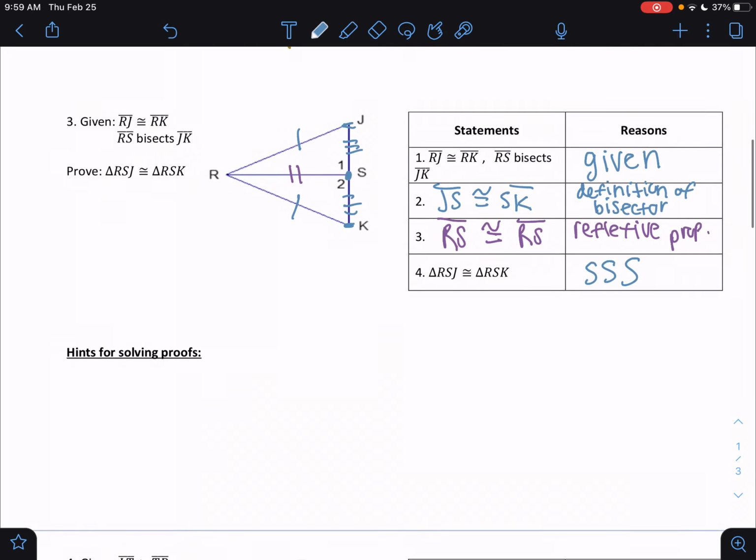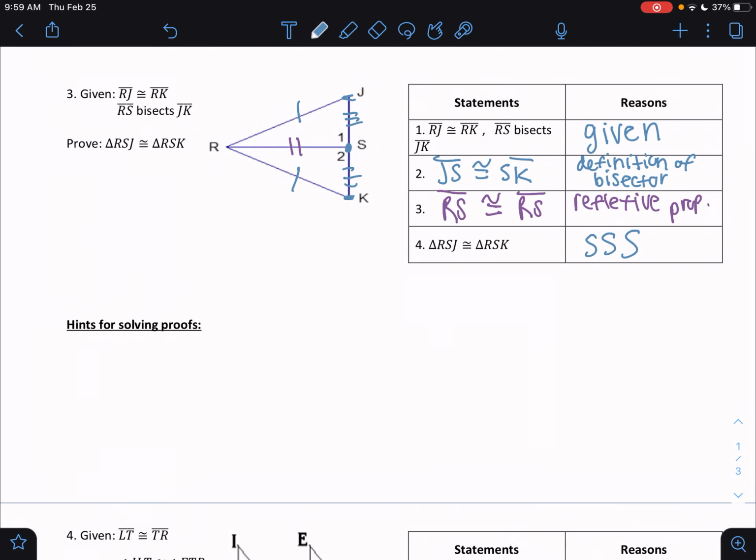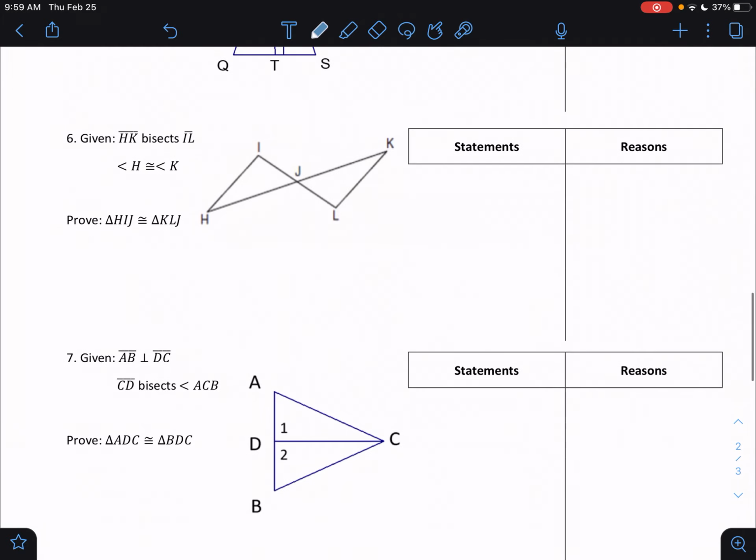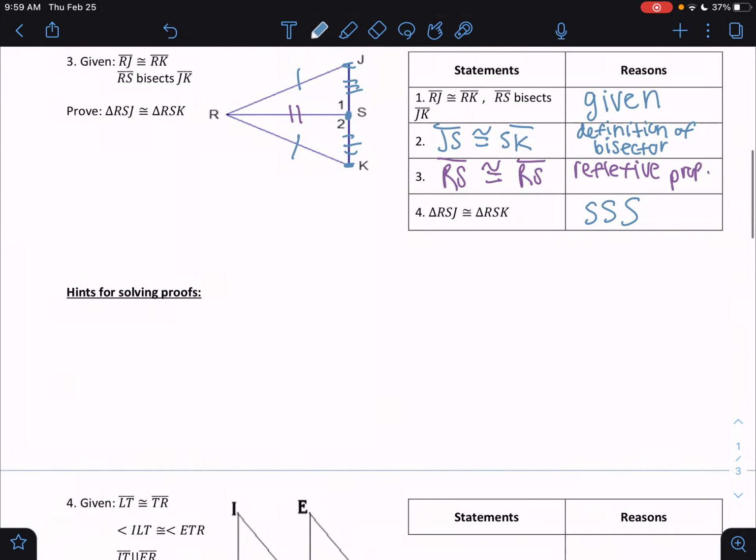Okay, so now I'm going to give you a few hints at the bottom before we go on to these ones where we have to make all of the statements and all of the reasons ourselves. So some hints is that the first one, that first box, is always going to be given. So it's always going to be what they give you, and the reason is given.